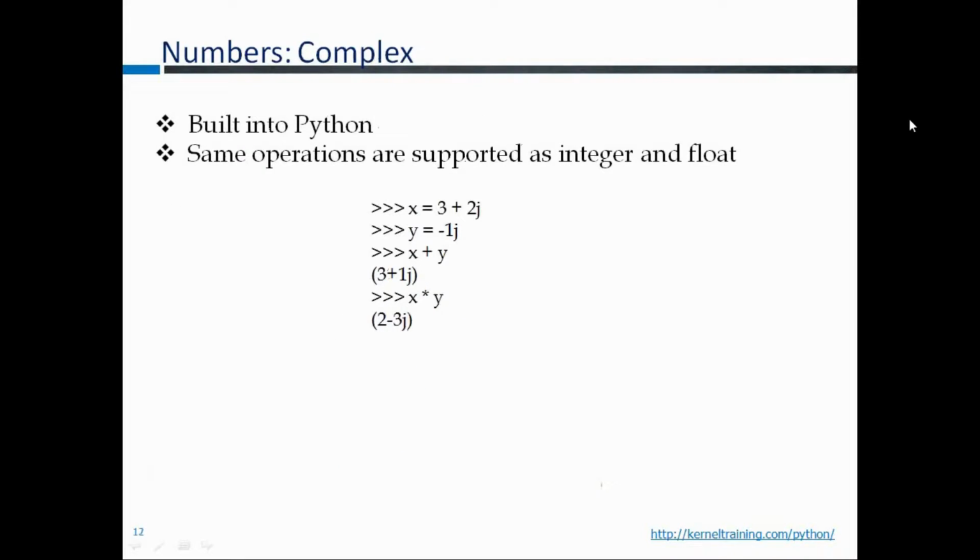And say here we have an example wherein if I say x is equal to 3 plus 2j and y is equal to minus 1j, that means it will still compute and take the values. And in the next statement, if I say x plus y, that means it will say 3 plus 2j minus 1j. That means it will give output as 3 plus 1j. So it can interpret the information that you give to the system.